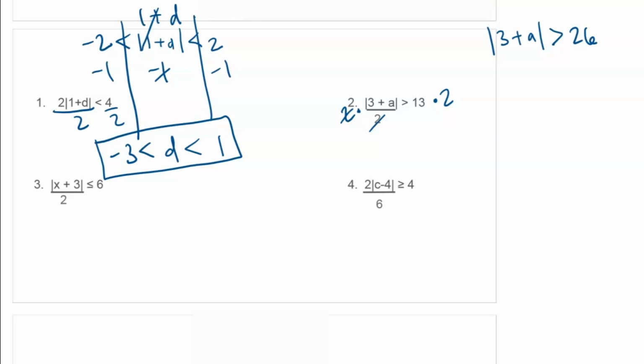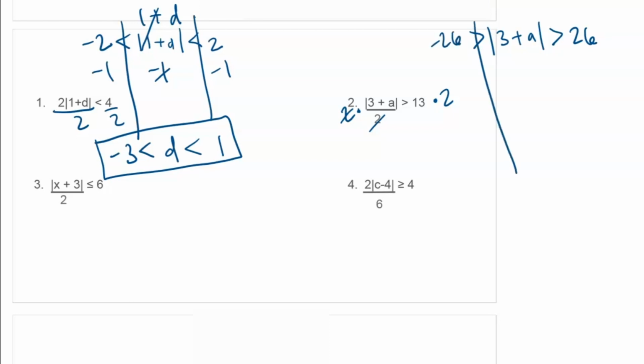I don't have any other numbers outside of the absolute value on that side of the equation. So now I'm going to make a sandwich. So whatever sign this is, a greater than sign, I'm going to copy that same sign over on the left side. And then this is a positive 26, so over here I'm going to have a negative 26.